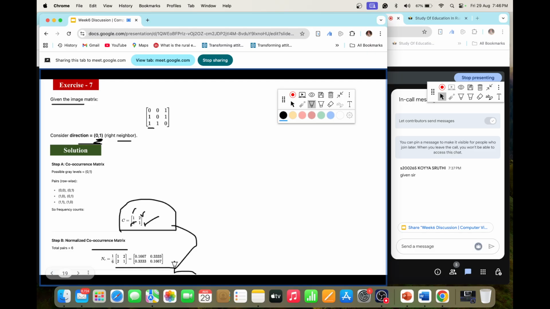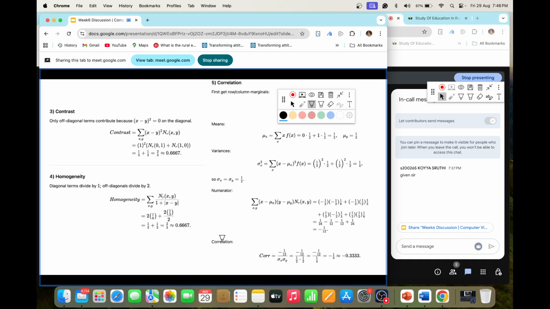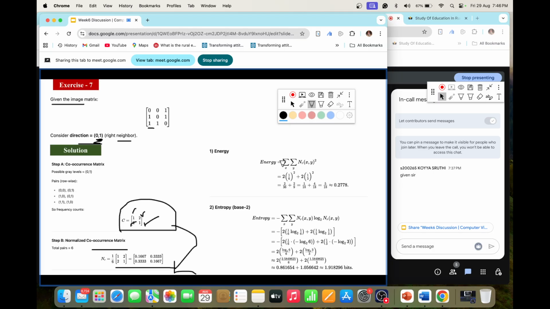And then you have to find all the things like energy, entropy, contrast, homogeneity, and correlation. So energy is found by this formula, the sum of n(x,y) whole squared.